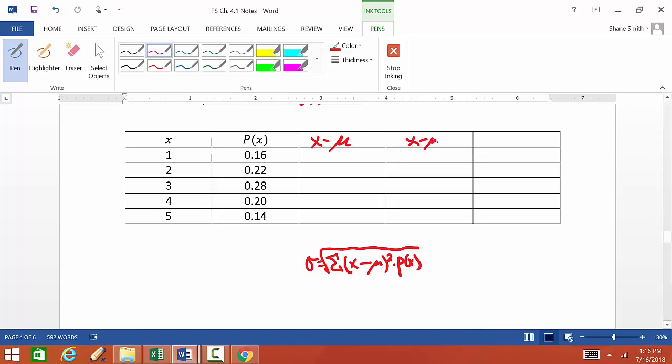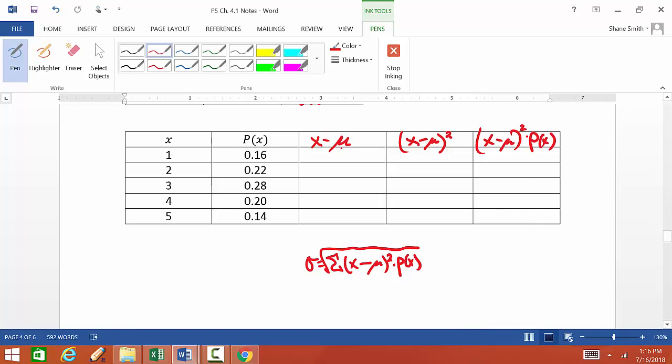I'm going to have one column for x minus mu quantity squared, and then my last column is x minus mu quantity squared times the probability of x. You don't need all these three columns to show your work, but with that being said, I think it helps keep your work organized. You could do this all in one step and just go right to the last column and add all those numbers together.